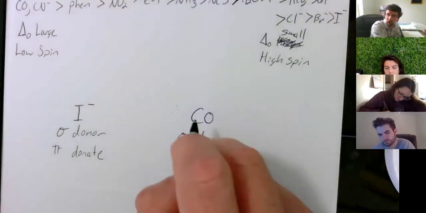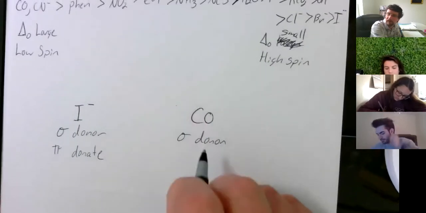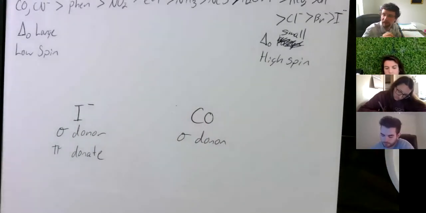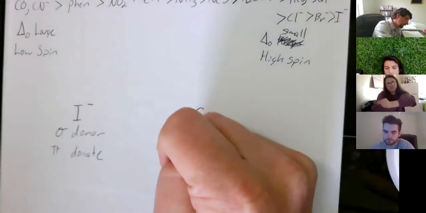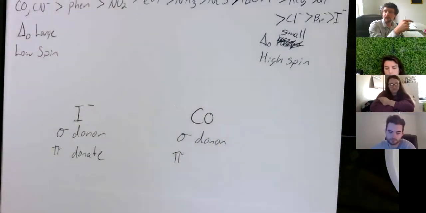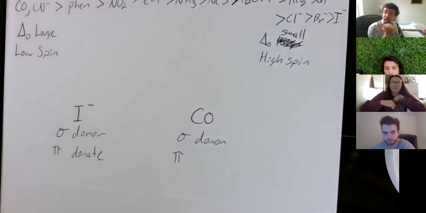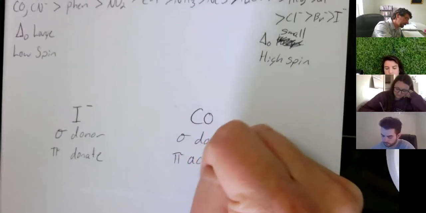And then CO, remember when we talked about back bonding? What happens with CO when it binds with a metal? It gets back bonded through its technically anti-bonding pi orbital. Yeah, so through the pi orbital, the anti-bonding pi orbital, it accepts electron density from an occupied d orbital. Isn't it the carbon that accepts the pi electrons?